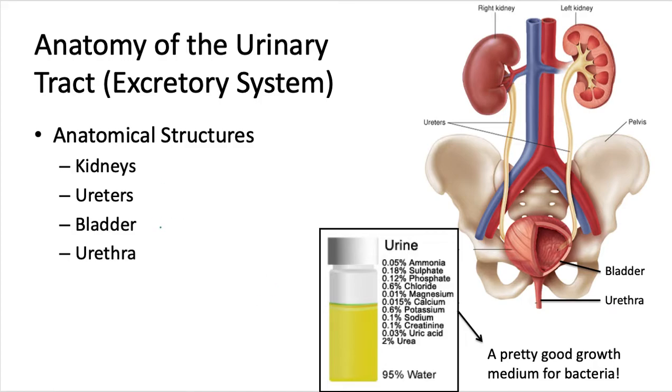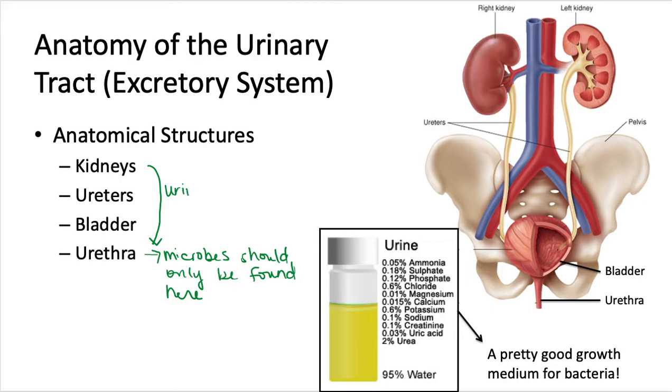Where do we find microbes in the urinary tract? We should find microbes only in the urethra. Everything else should be sterile. The urine itself is sterile as it's formed in the kidneys and moves through the bladder to the urethra.